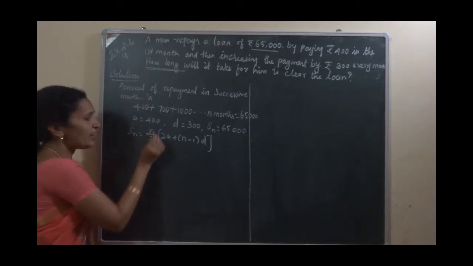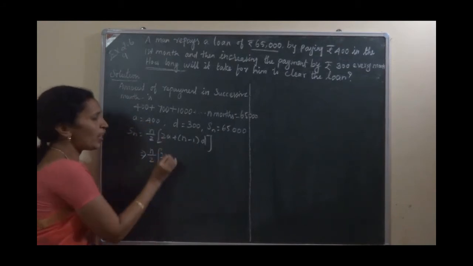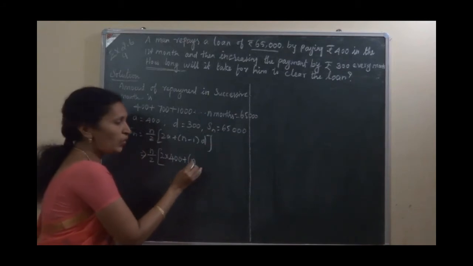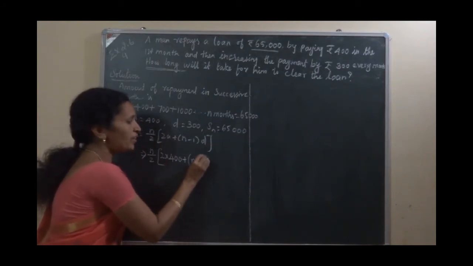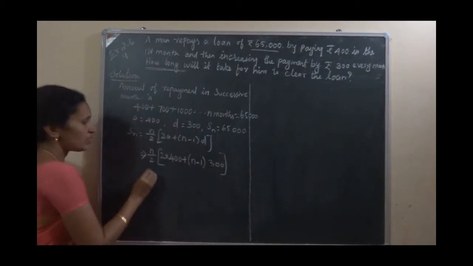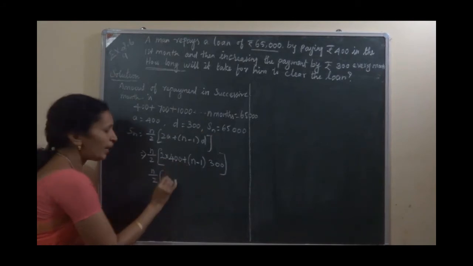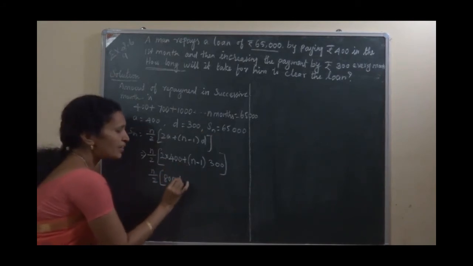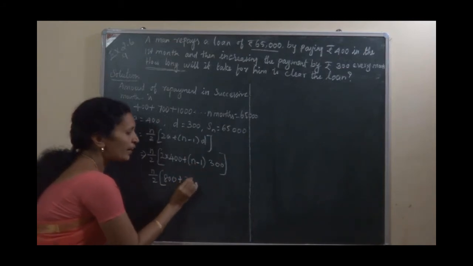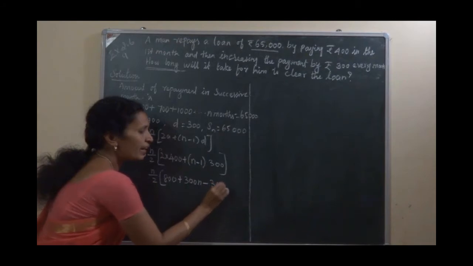In place of n, which we don't know and have to find, n by 2 into 2 into a value 400 plus n minus 1 into d value 300. So this is n by 2 into 800 plus 300 n minus 300.